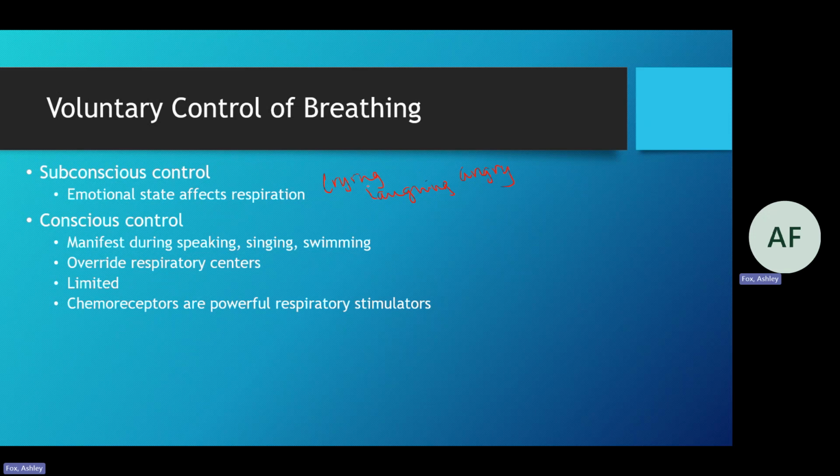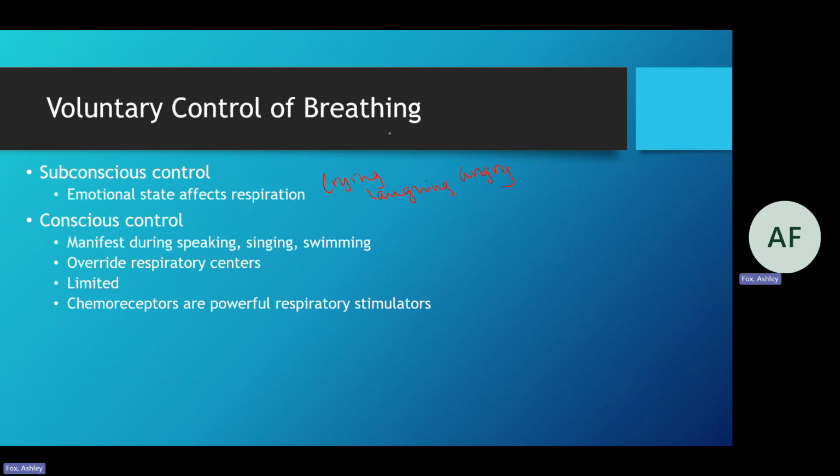If you think about times when you've been crying, laughing, being very angry, your respiration changes based on your emotions. It's not necessarily that you think about it. You're not thinking, breathe faster because you're crying, hold your breath because you're laughing, breathe faster because you're angry, or some sort of anxiety, all those things. You change your breathing rate, but you're not necessarily thinking about it.